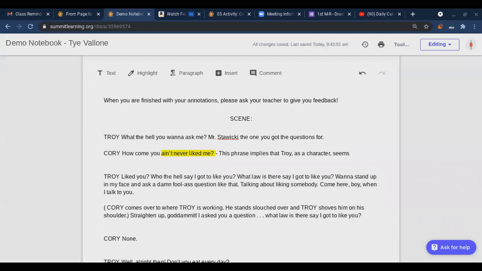Does he seem like a nice guy? Does he seem like he's a super caring, loving parent? Does he seem maybe not so much that way? What do you think? Based on the words Corey uses here when he asks this question, like this part I have highlighted, what does that imply about Troy, his dad, as a character?